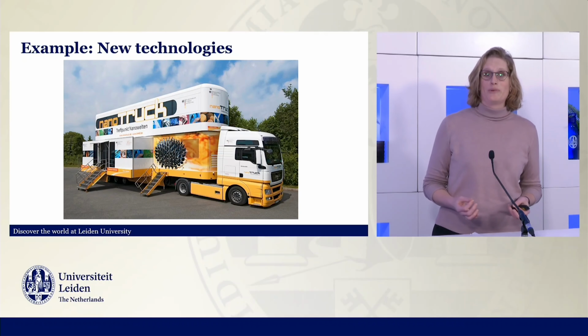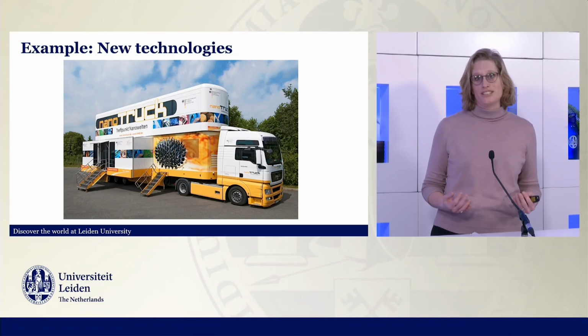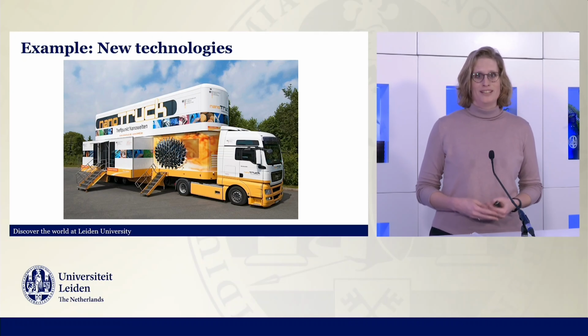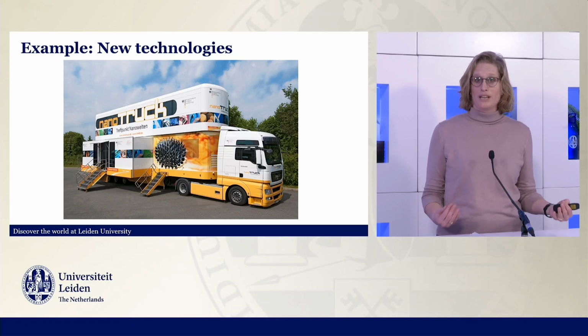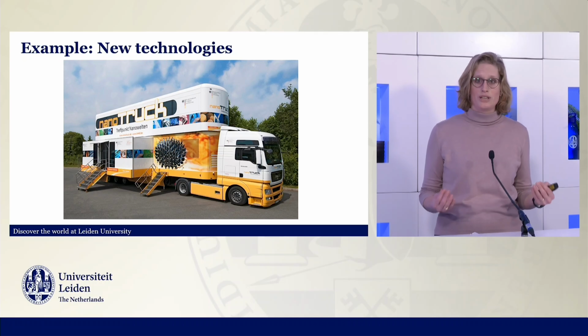So another example is when new technologies find their way into society. So in this example, you see a truck that goes to different audiences to talk with people about nanotechnology. And in the past, we've seen that when new technologies find their way into society, it's really important to take people with you.